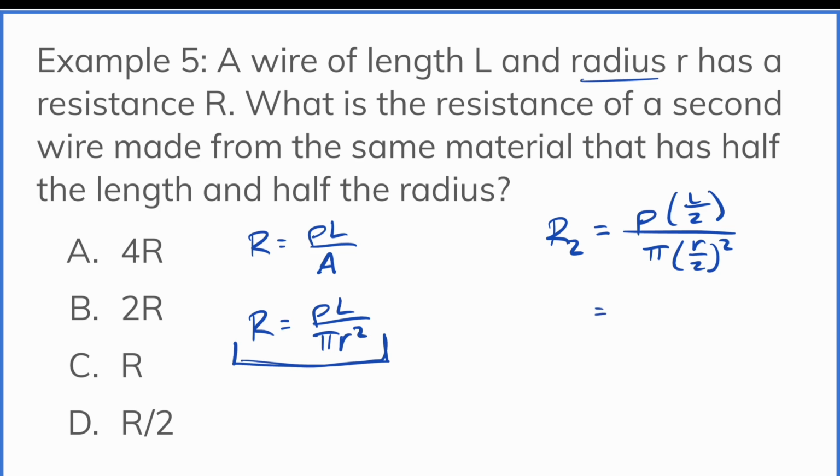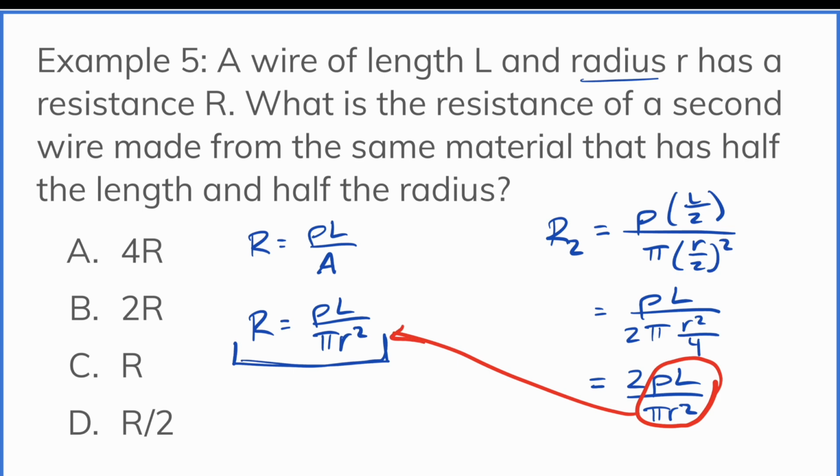This becomes rho L over 2 times pi r squared over 4. So this r squared over 4 is going to come up to the numerator. So we got 2 rho L over pi r squared. And the reason we set aside that original one is you see this here is the same as that. And so we can replace that with R, so we can have this as 2R. So that means the correct answer in this case is B.